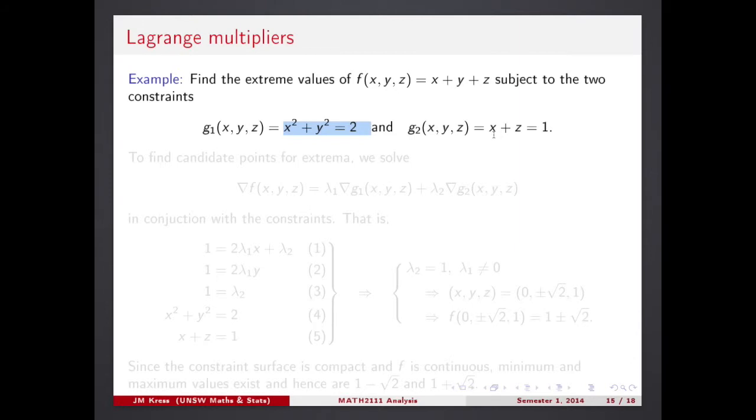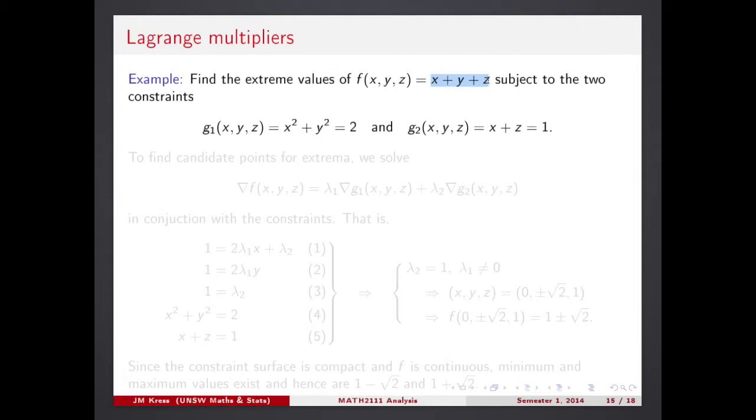If you cut a cylinder with a plane, in the cut you will have an ellipse, strangely positioned in space, right? So you have this thin curve in three-dimensional space, which is a cut of the cylinder by some inclined plane, and we need to minimize and maximize my function across this ellipse.